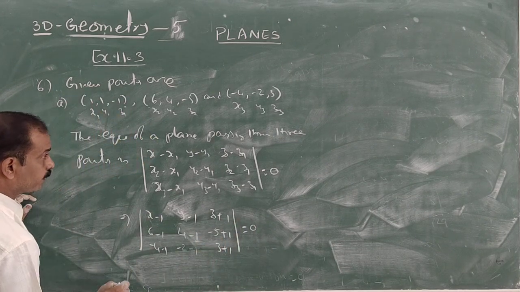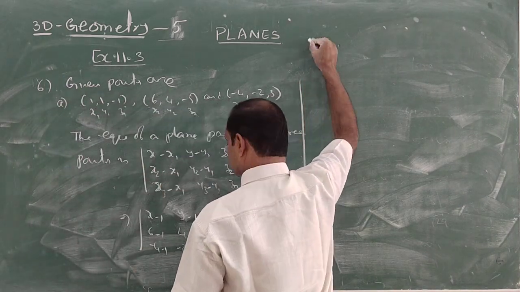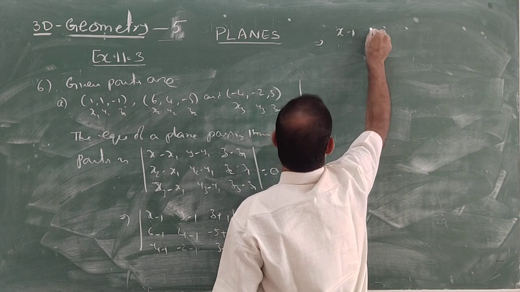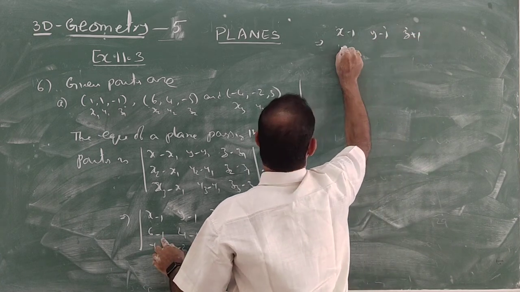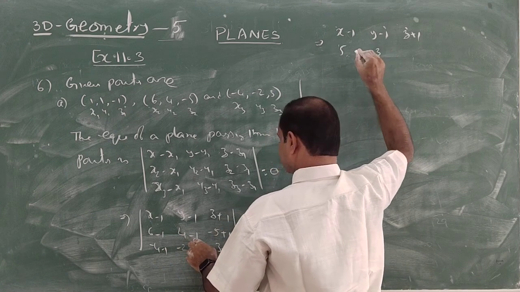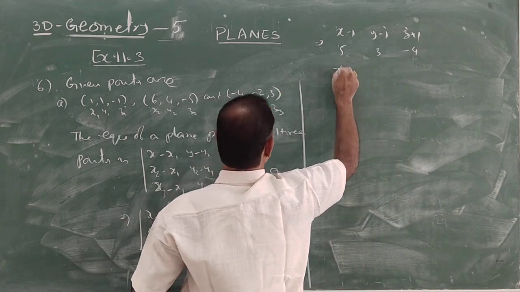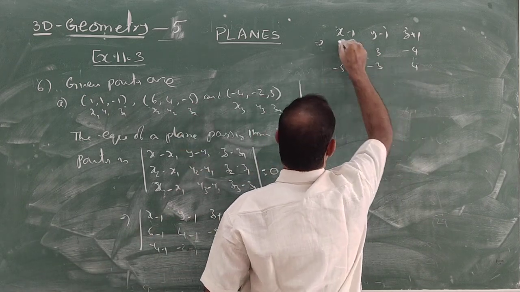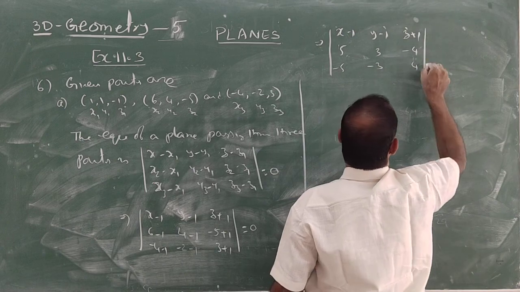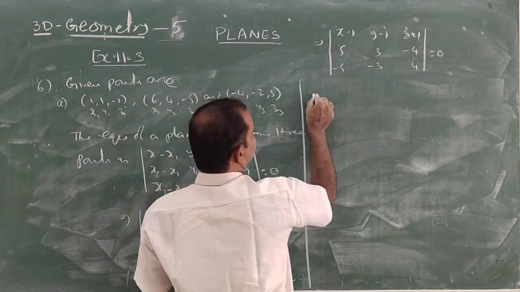Which implies x minus 1, y minus 1, z plus 1, then 5, 3, minus 4, then minus 5, minus 3, 4 is equal to 0.